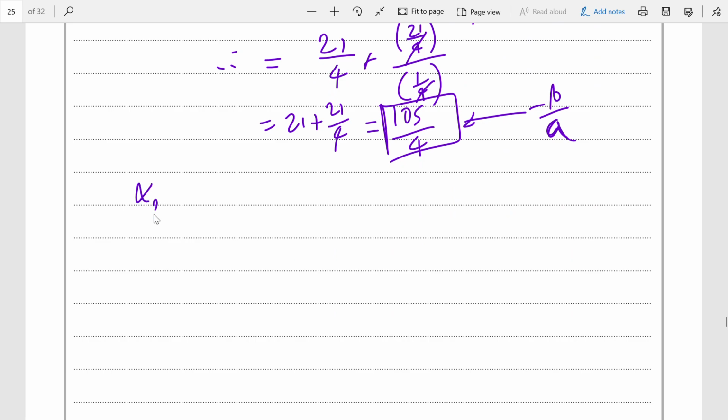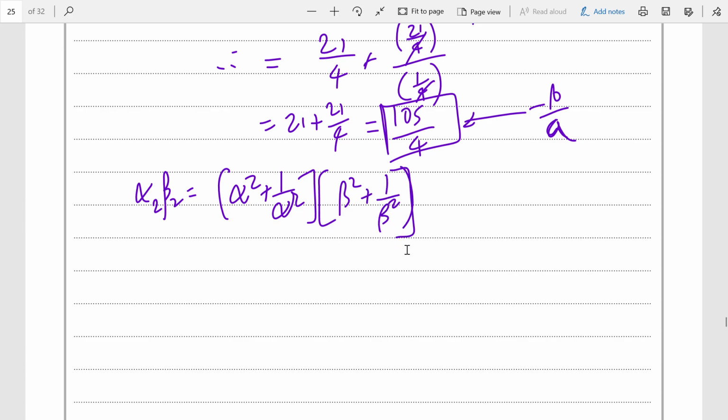So alpha squared beta squared is equal to alpha squared plus 1 over alpha squared, multiplied by beta squared plus 1 over beta squared. Now, where does this go? So first we have alpha squared beta squared, which is equal to 1 over 4, plus 1 over alpha squared times beta squared, and alpha squared times 1 over beta squared.